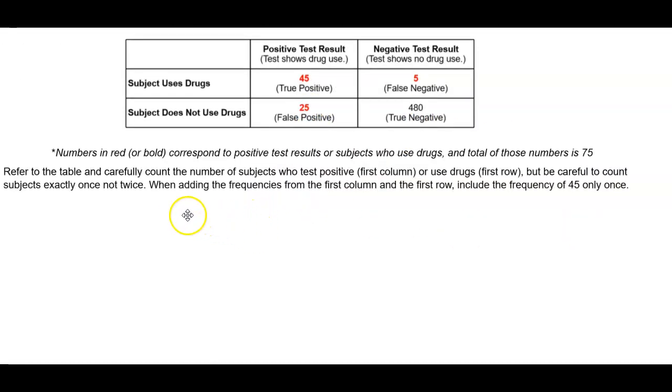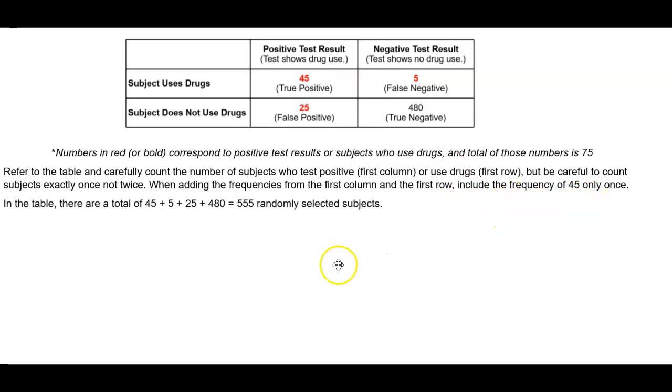We want to refer to the table and carefully count the number of subjects who test positive, which is the first column, or use drugs, which is the first row, but be careful to count subjects exactly once and not twice. When adding the frequencies from the first column and the first row, include the frequency of 45 only once.